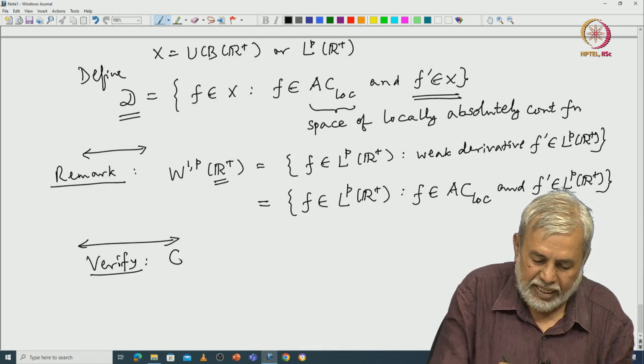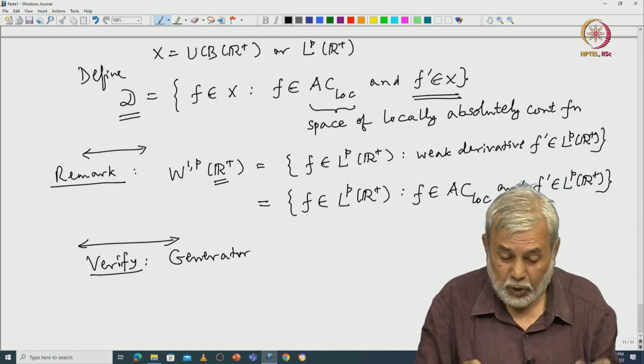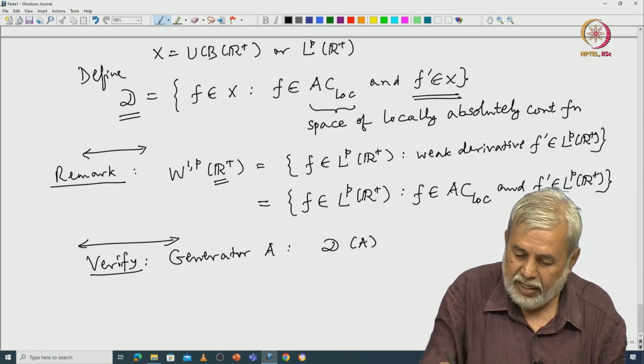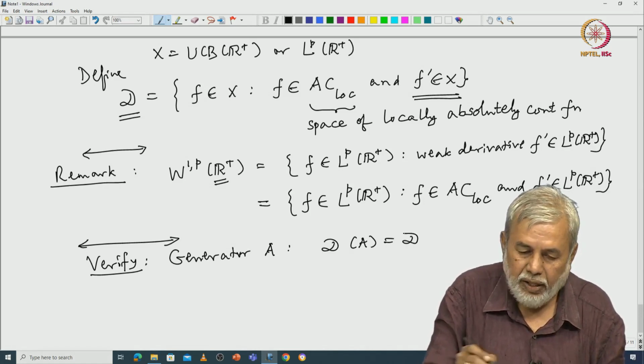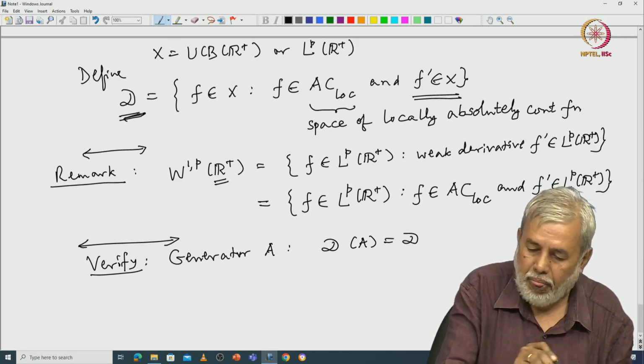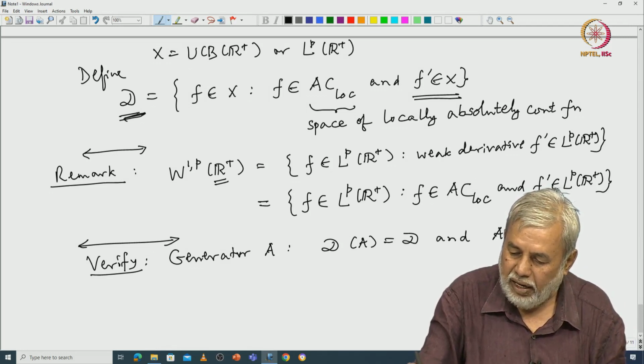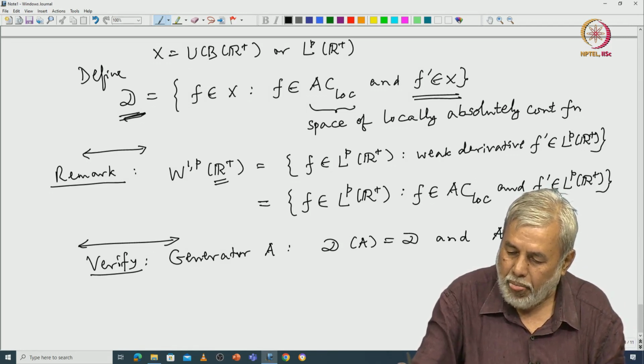So the generator A for the left translation semigroup is defined by D(A) equal to D. Okay, so this is the D, and A is defined by Af equal to f prime.